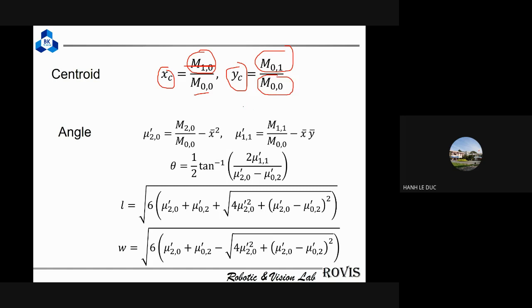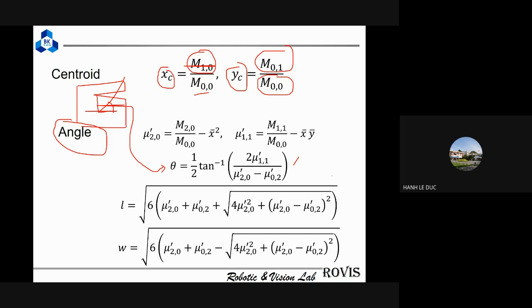And the angle or the orientation, because we have just a 2D image, we just have the angle like this. So this angle theta is calculated by this equation. We call this the Hough moment.